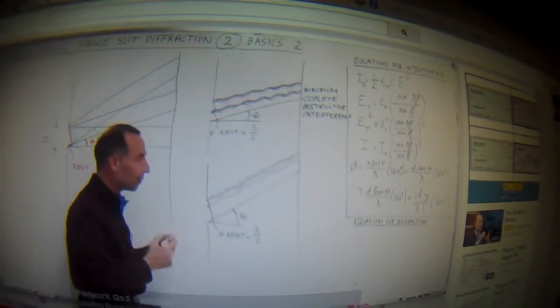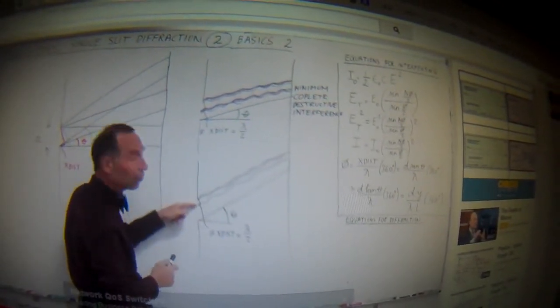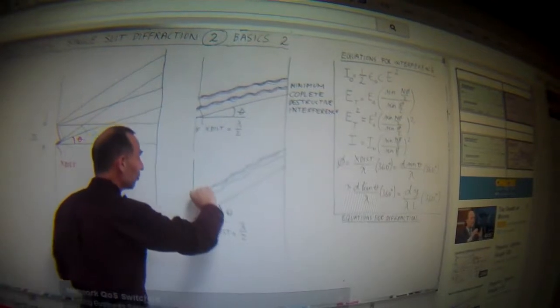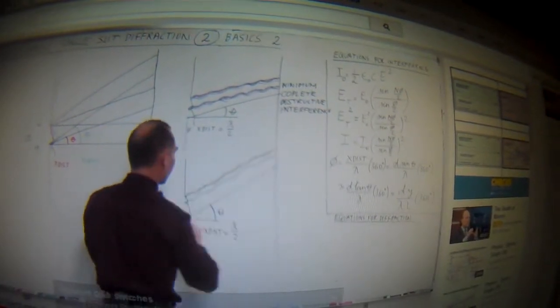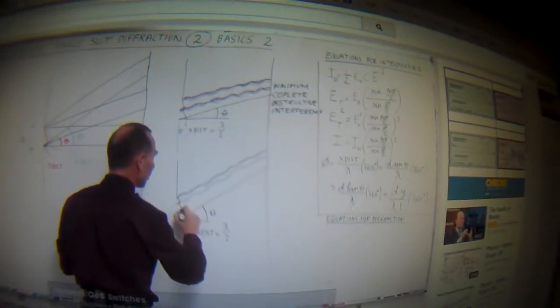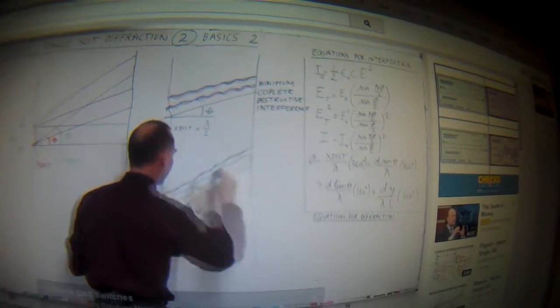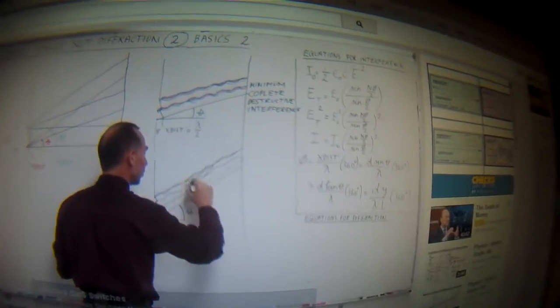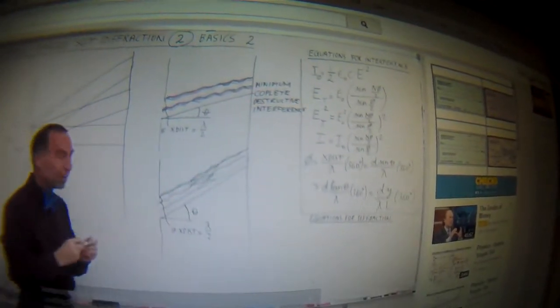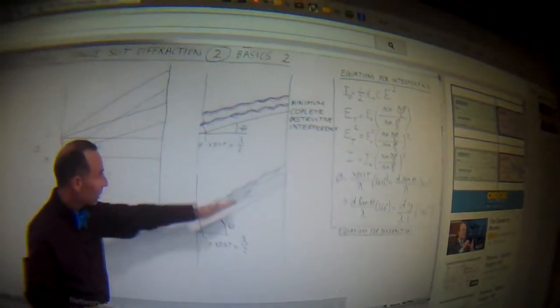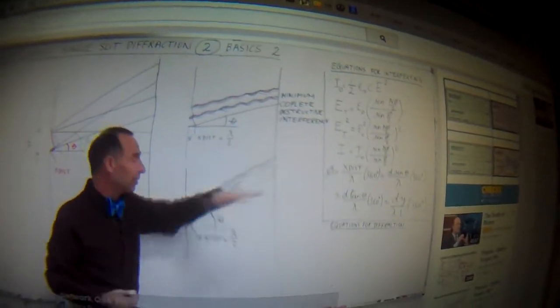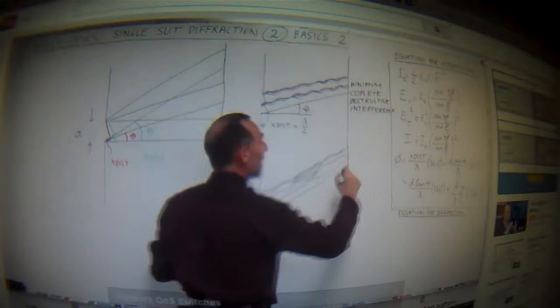But let's say, for example, that this is only 1/3 the way into the beam. So you can see that the first 1/3 of the beam will cancel out the second 1/3 of the beam, and the third portion of the beam will actually still get through with nothing to interfere with. And so therefore you see a maximum.